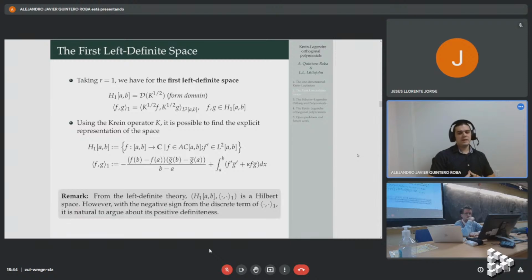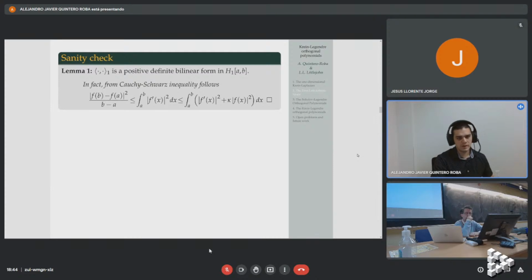Por tanto, a pesar de que por la teoría de espacios definidos por izquierda tenemos el resultado de que esto es en efecto un espacio de Hilbert, este símbolo negativo nos causa duda de si esto es en efecto un producto escalar. Y lo probamos por otras vías.